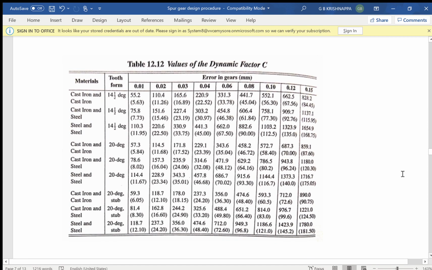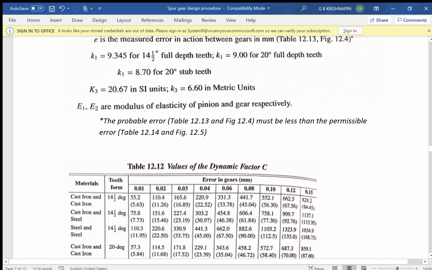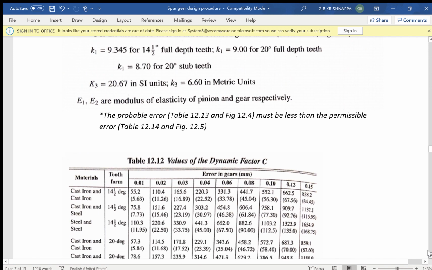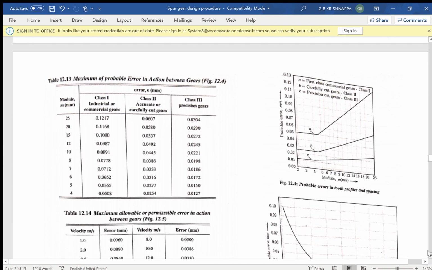So to find the dynamic factor C, take for example the material is cast iron and steel, and the error you obtained from here.